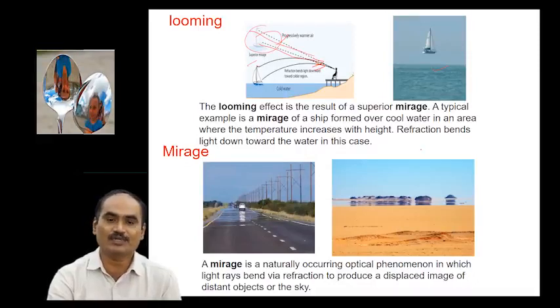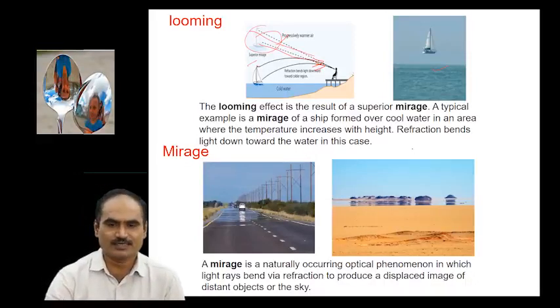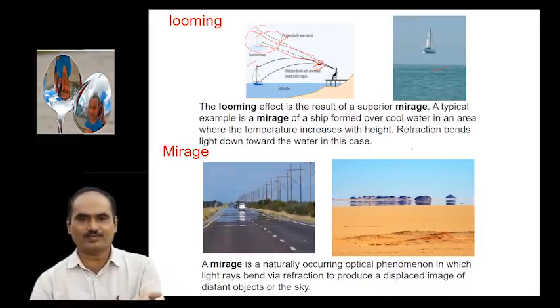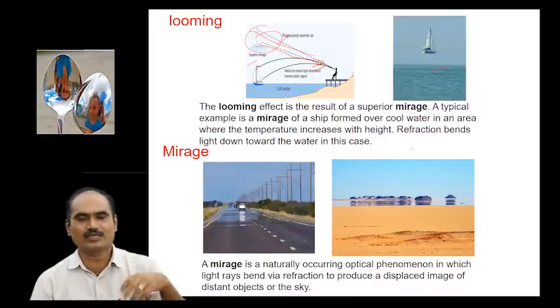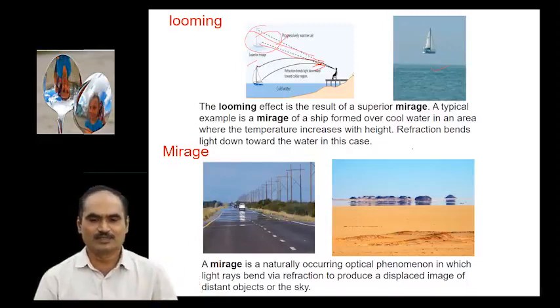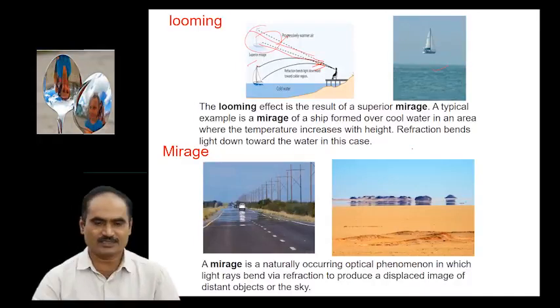This will happen only in the morning or in cold conditions, right? Because the air closer to the sea cools down very quickly compared to the air far away from the surface of the sea. So during the morning or even evening, you can observe these things.